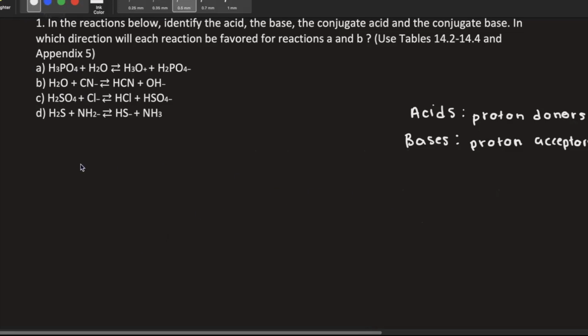So we can go ahead and try that with letter C. So it's going to be H2SO4 plus Cl minus gives us HCl plus HSO4 minus. So if you want to pause now and attempt it yourself, feel free. I'll give you a second to do that.